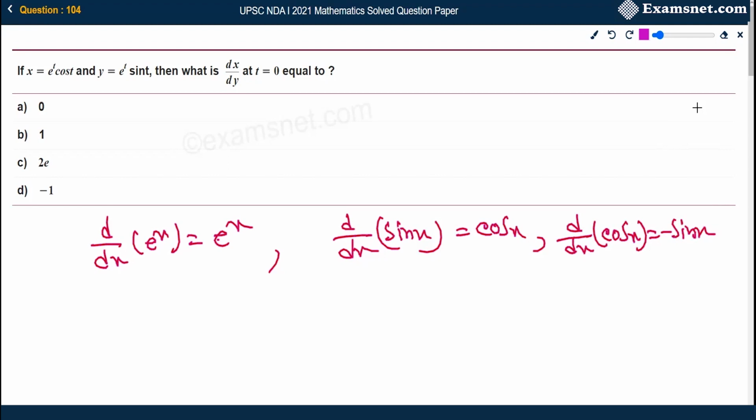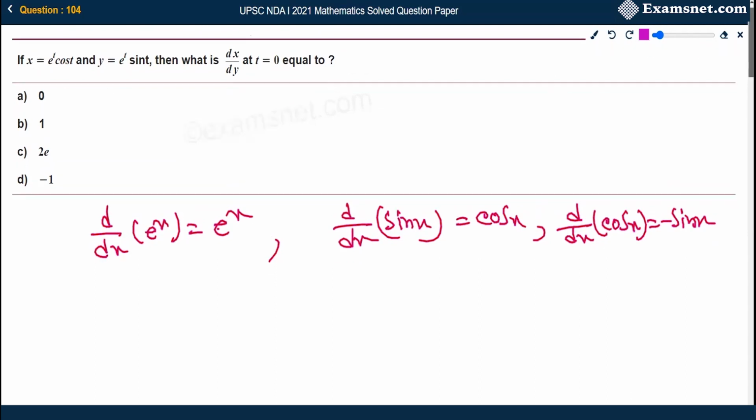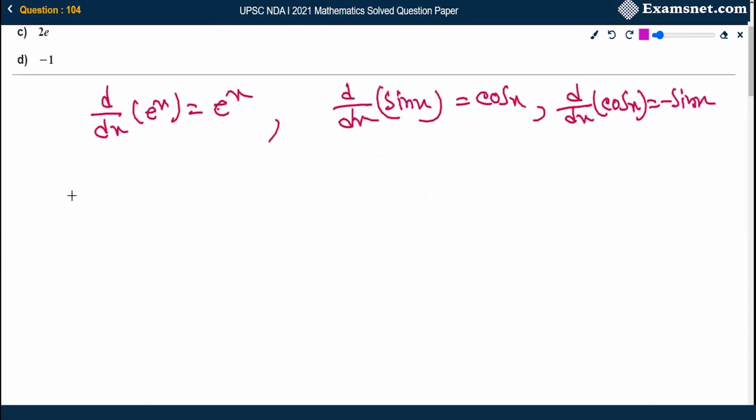Okay. Now, look here, both x and y are functions of t, correct? So let's write x equals e to the power t cos t. x is a function of t, so I can differentiate x with respect to t.